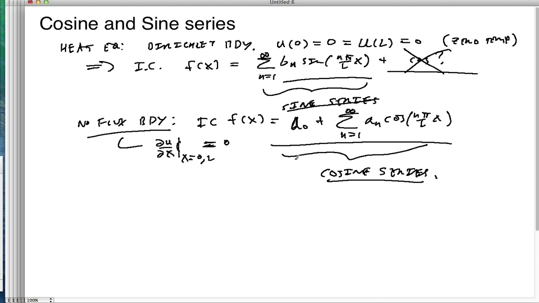So they both played a role thus far in characterizing initial conditions to the heat equation on a bar. So we want to understand what's the deal with Fourier series that have only sines or only cosines, and how many different functions can we represent.